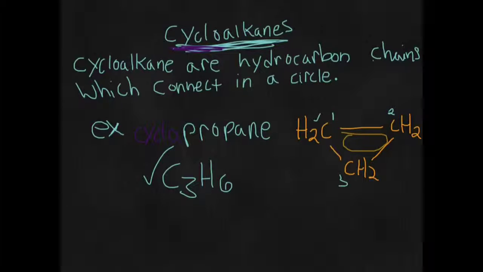So we have 2 there, plus another 2 is 4, plus another 2 is 6. So we know that there's 2 over here, plus another 2 makes 4, plus another 2 makes 6. So all in total, that is correct. We have our 6 hydrogens and our 3 carbons.